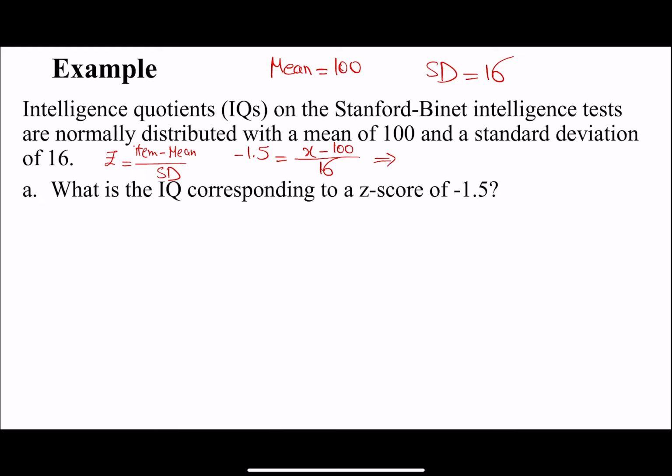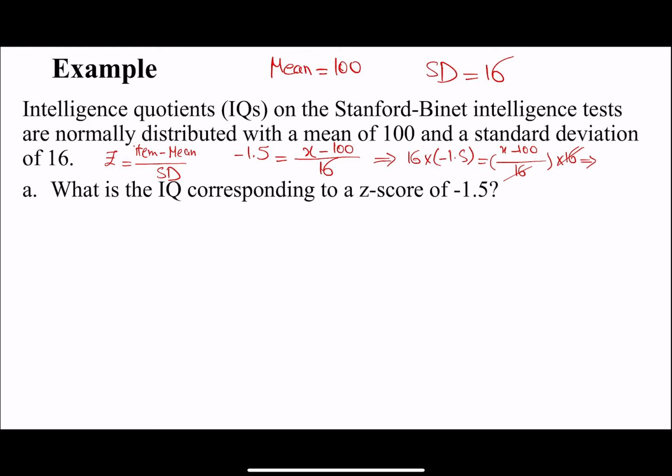On the left side, I have 16 times negative 1.5. On the right side, I have x minus 100 over 16, multiplied by 16. The 16 and 16 cancel each other. That's exactly what I want.